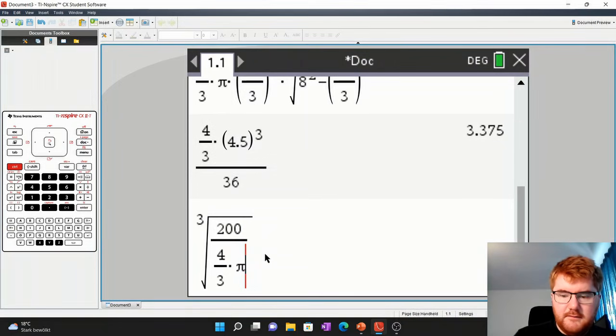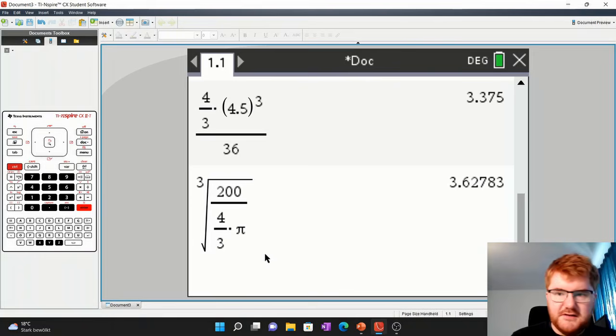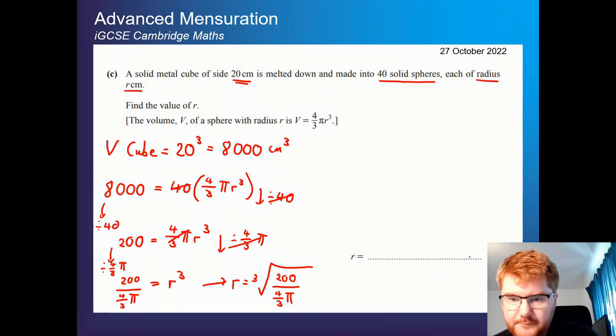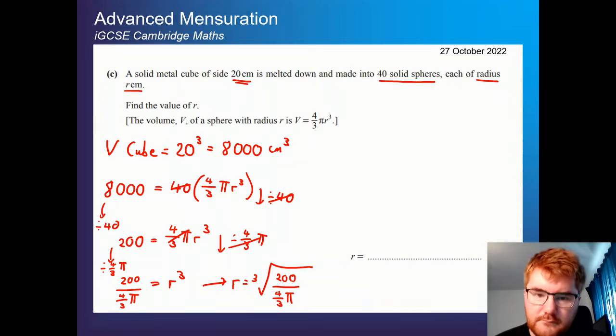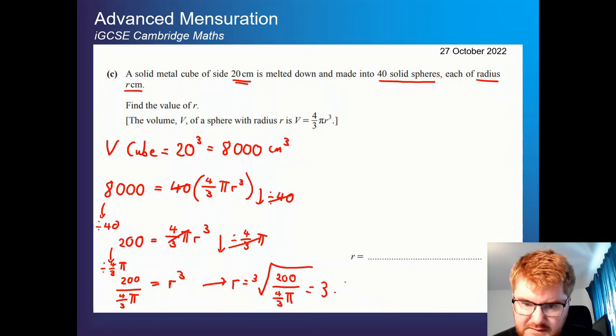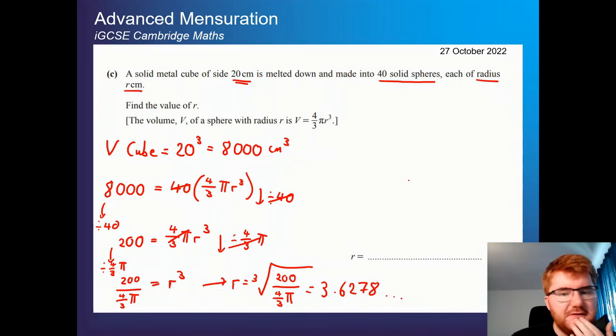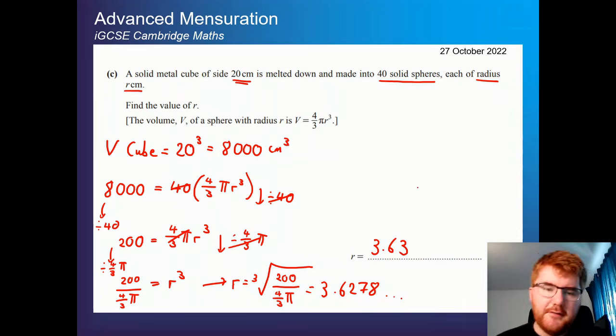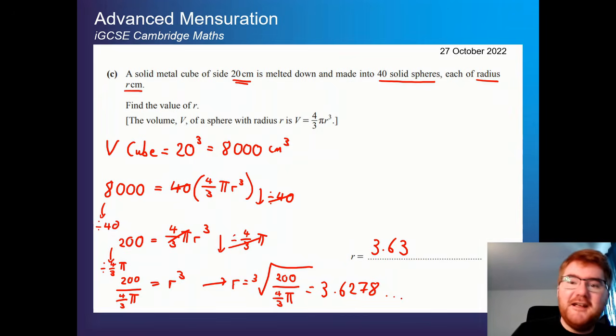Okay, I think I'm happy with that. Press the enter button. Yep, we get 3.6278. Again, I'm going to round this now to 3 significant figures, so that's going to be 3.63. Again, crucial with these questions, make sure you're writing your working through. Don't reach for that calculator too soon. I'm going to keep saying this again and again in this video.